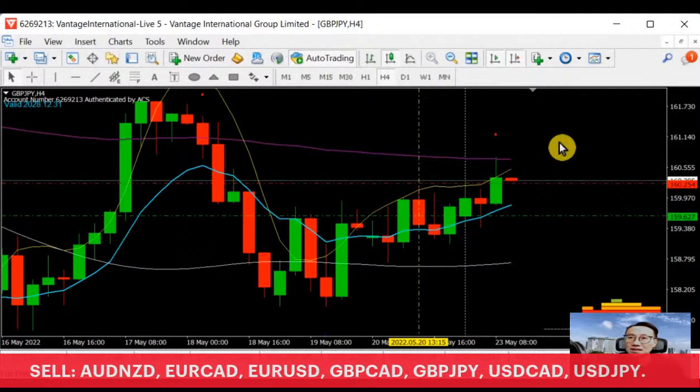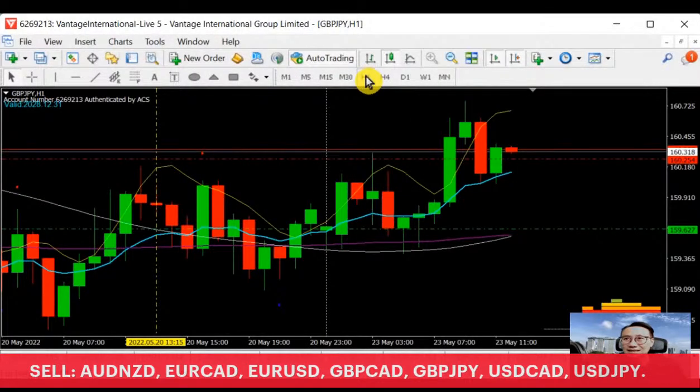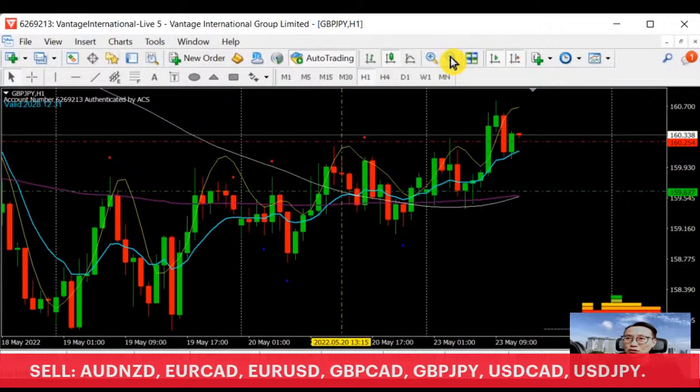Now it seems like H4 is going to set up a selling, correct? Seems like. We cannot confirm by just the first few seconds, so we need to look at the movement, how it goes. Can you see that for the past 2 hours it swung down and hit my aqua line here?